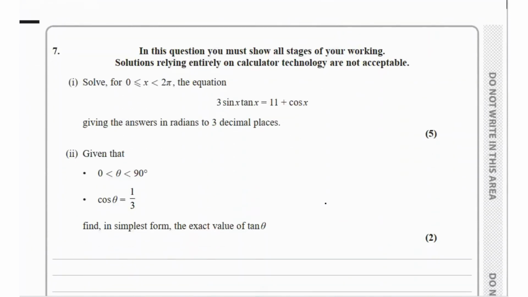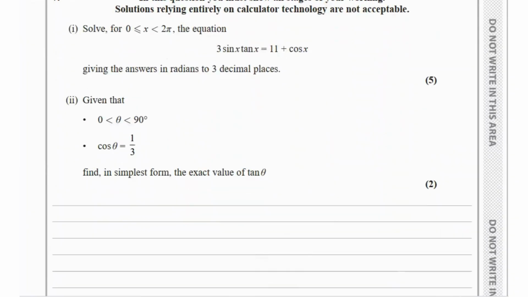Then it says solve for x from 0 to 2 pi the equation 3 sine x tan x equals 11 plus cos x, giving the answers in radians to 3 decimal places. So for that, first we're going to begin with replacing tan x with sine x over cos x.